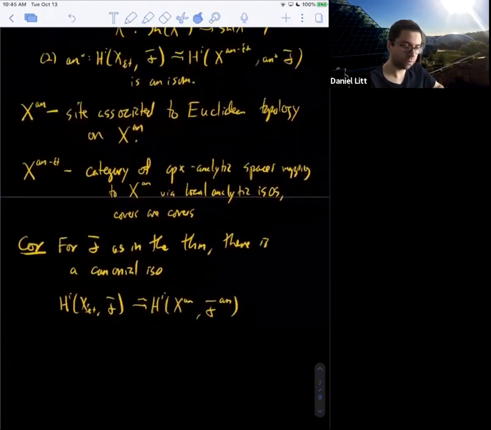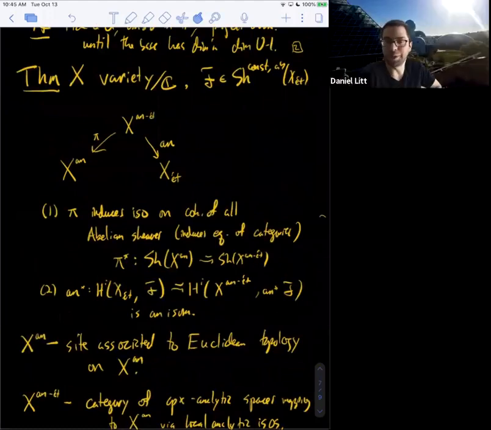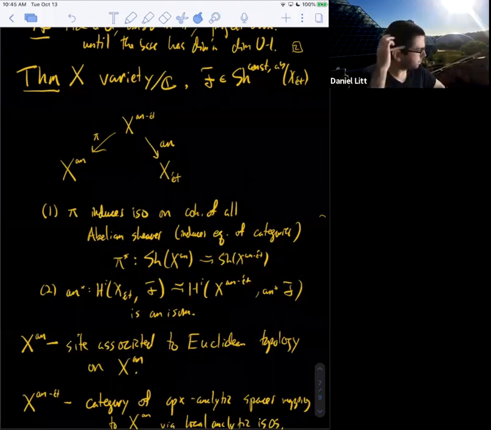So is there some sort of Riemann existence theorem for this? Yeah, so we're going to have to use the Riemann existence theorem to prove this. But won't that give you something stronger than just an isomorphism in cohomology? Won't that give you almost an equivalence of categories? I don't think so. You'll get something like that locally.